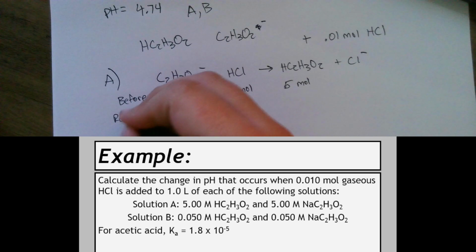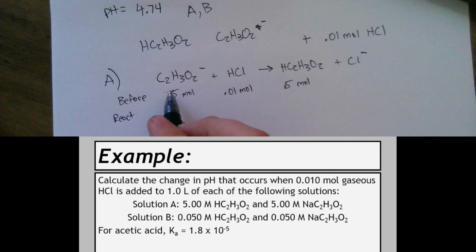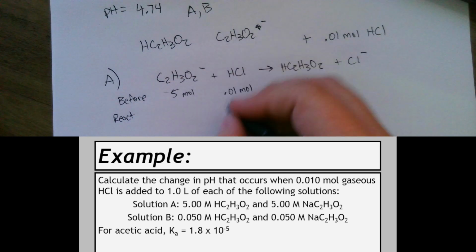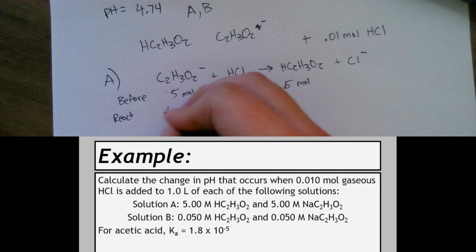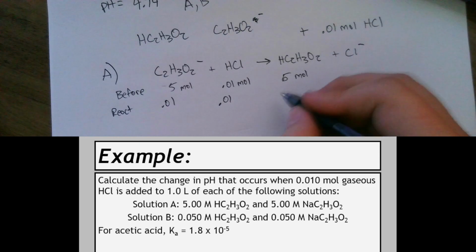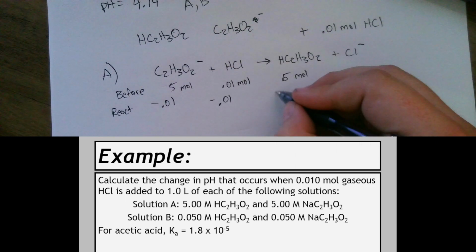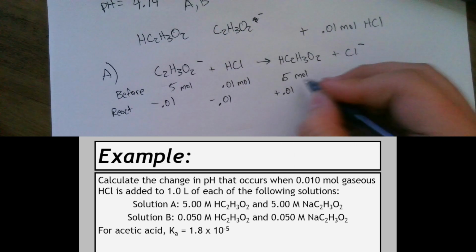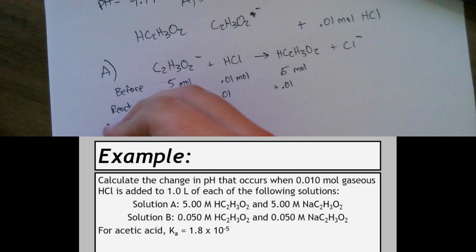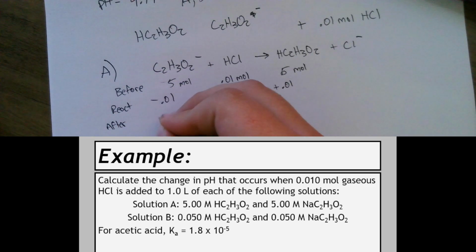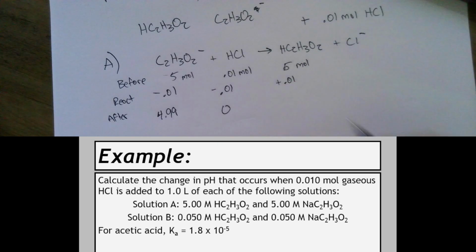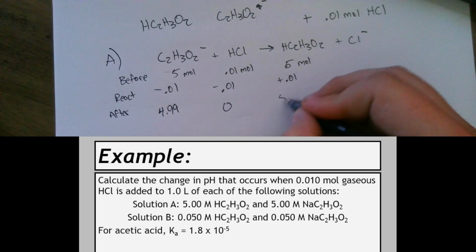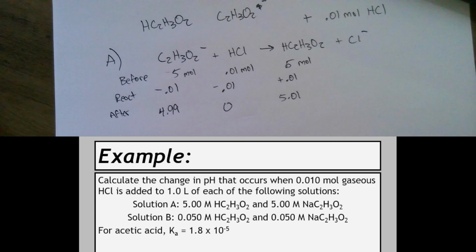When the reaction happens, this strong acid is going to react with this weak base completely. All 0.01 moles of it will react with this until it's all gone. But I'm going to make 0.01 moles of my weak acid over here when that happens. So this is going to be 4.99 moles of this left over, no hydrochloric acid left over, and 5.01 moles of this left over.